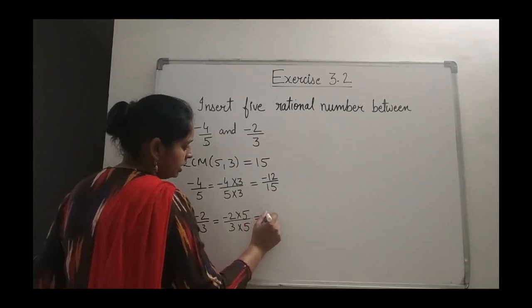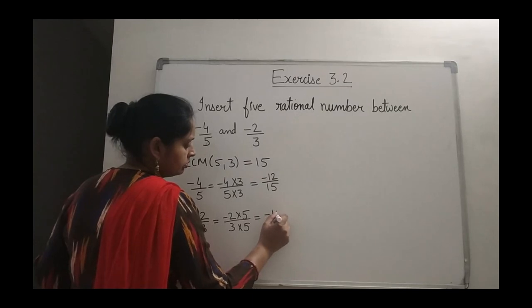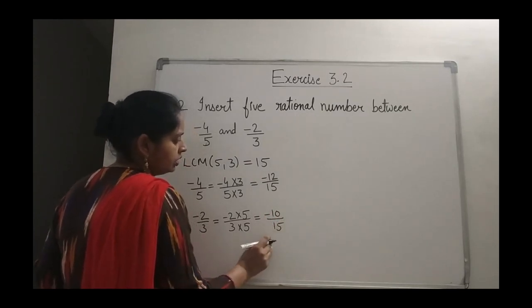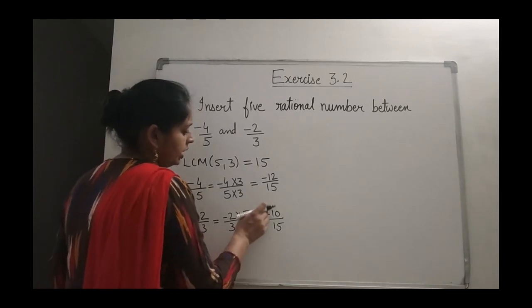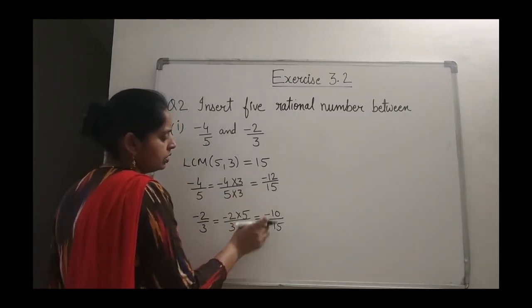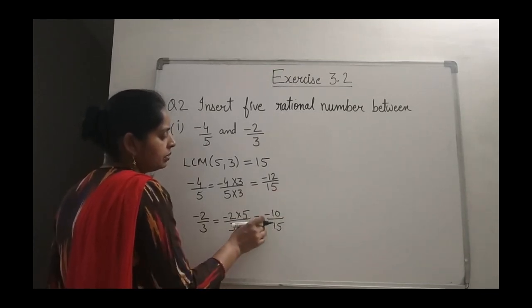So we will get -10 upon 15. So here we can see that this is -10 upon 15 and this is -12 upon 15. So only one rational number, that is -11 upon 15, is lying between these.